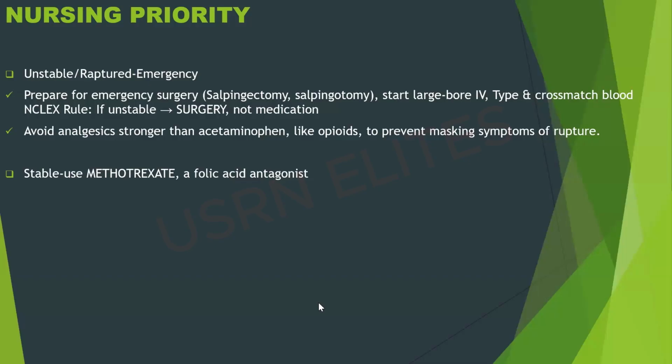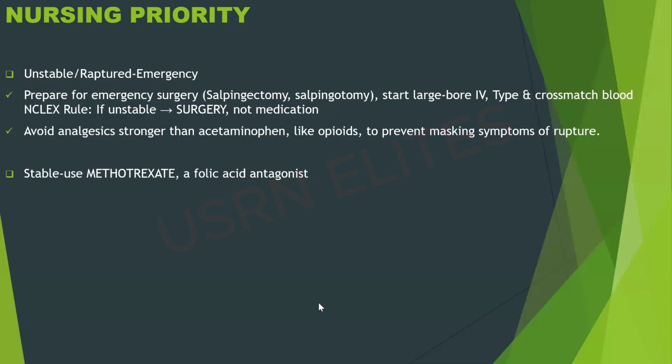So we never go beyond acetaminophen. Okay? We don't want to mask the signs of rupture. And that's the cardinal sign, which is what? Sudden severe abdominal pain. Don't want to mask it by giving anything stronger than acetaminophen. So that's what you should take notes.